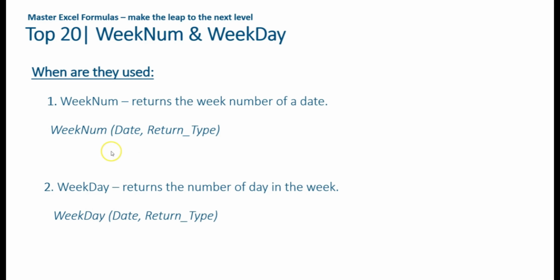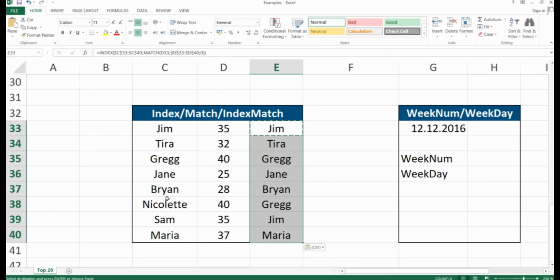In terms of structure, they are pretty similar. WEEKNUM and WEEKDAY both need a date to be entered from a specific cell, for example, and then a return type. You will see what I mean by return type in the examples I am going to give you now.